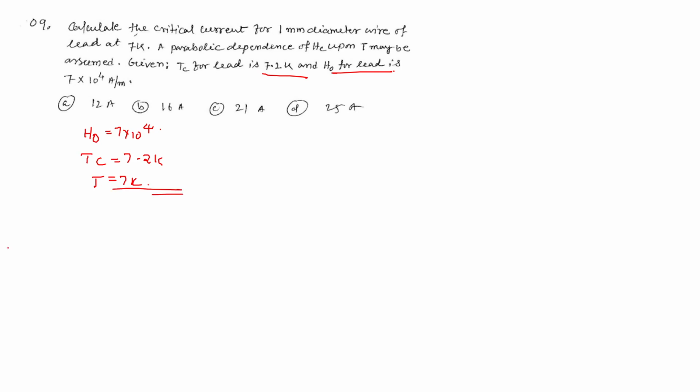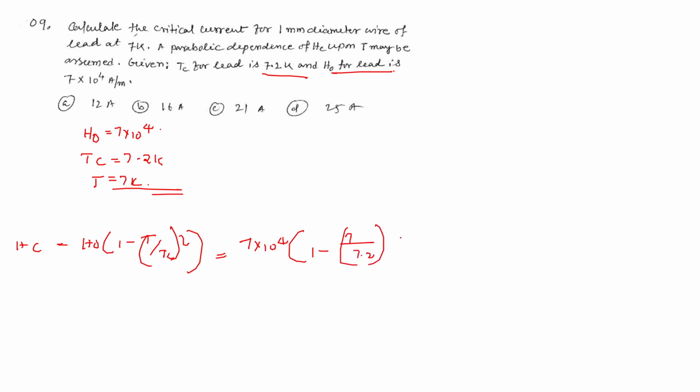So the critical magnetic field Hc at T equal to 7 Kelvin is equal to H0 into 1 minus T divided by Tc whole square. We have solved this in the last class also. Substitute all the values: 7 into 10 to the power 4 into 1 minus 7 divided by 7.2 whole square. So you will get the value 3834.88 ampere per meter.